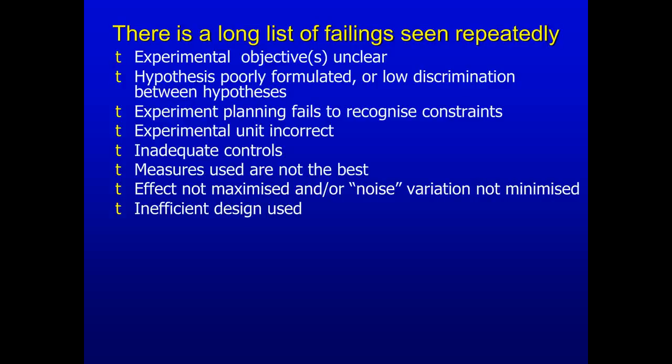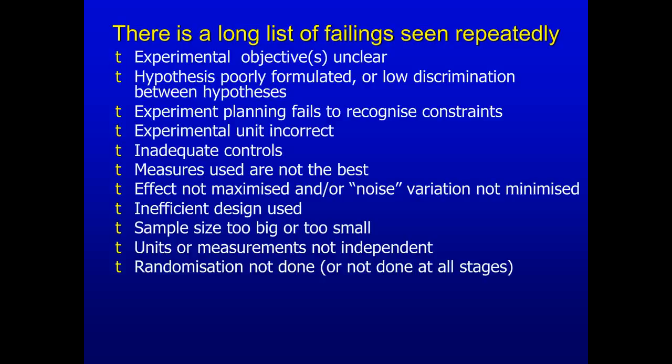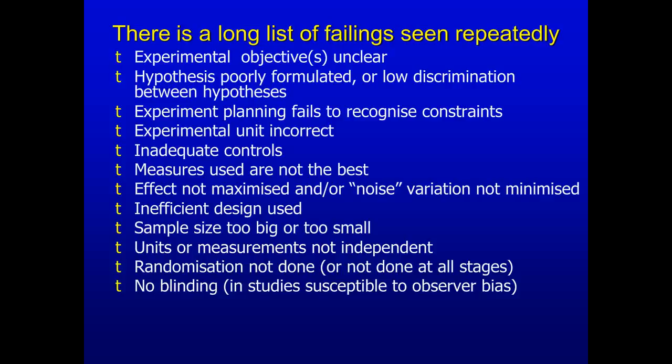Quite often inefficient designs are used, 2 group or more group comparisons when there could be a more efficient way of doing it. The sample size is often miscalculated. The units for measuring are sometimes not independent. Randomization may be done at some stage but not throughout. And there is a lack of realization of a possibility of observer bias.